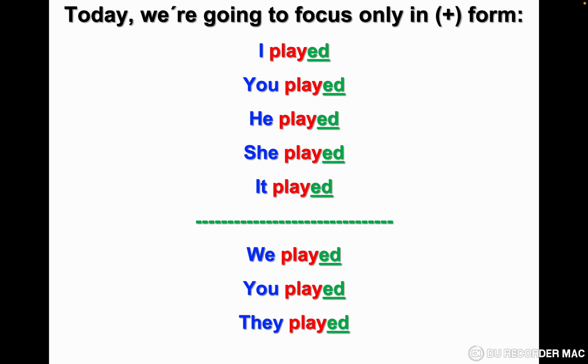I played, it's correct. I played football. Correct. But negative, let's see some mistakes the students make when they write the negative form. So they say, I didn't played football yesterday. Is it correct? No, it isn't correct.